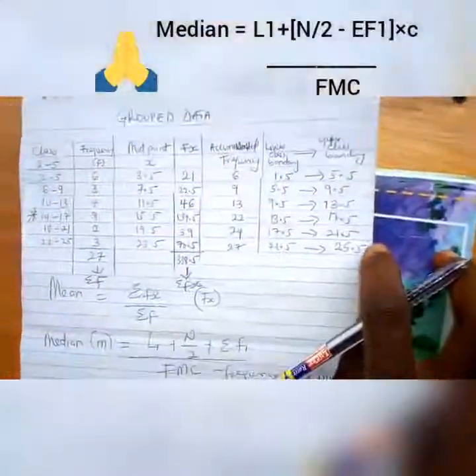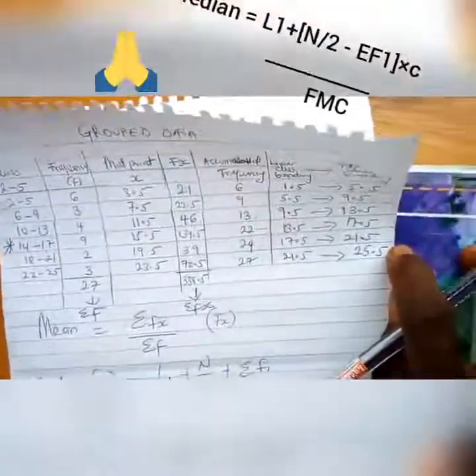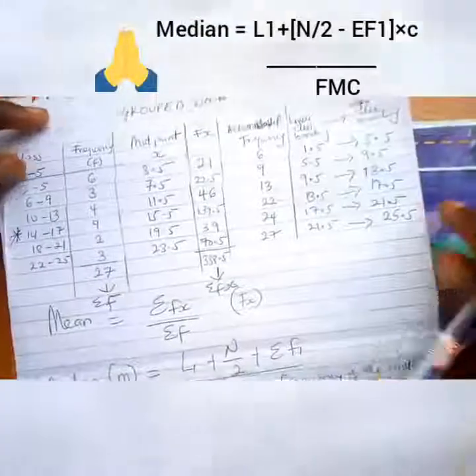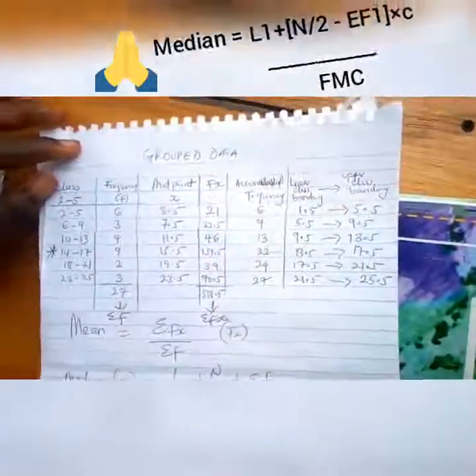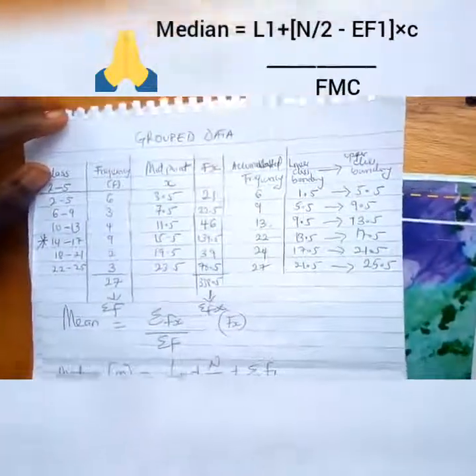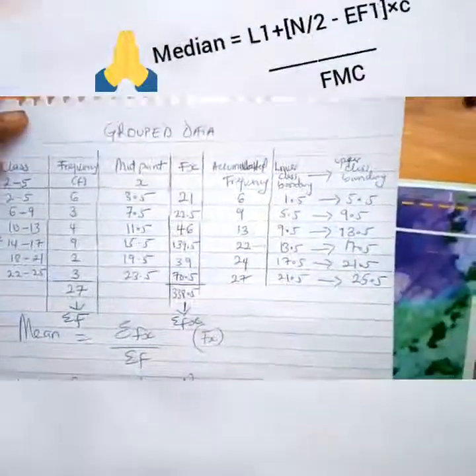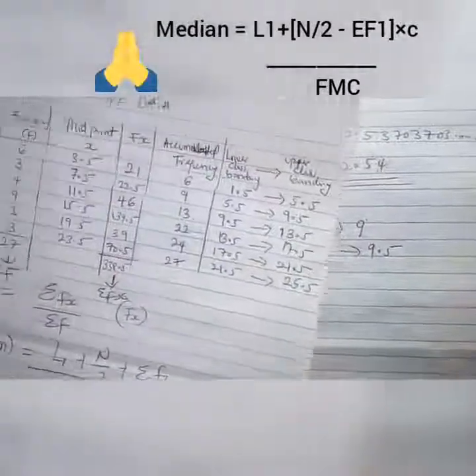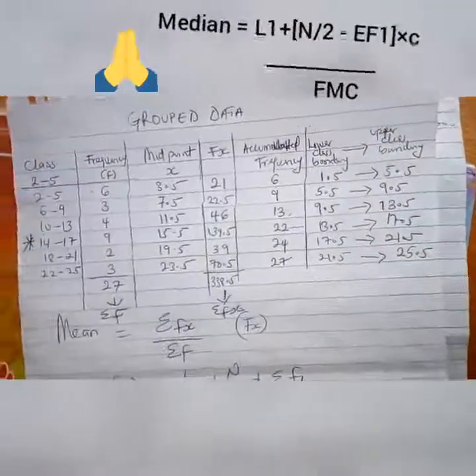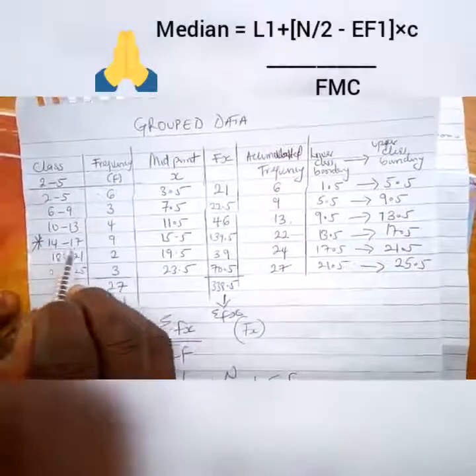So we are still doing the same thing. You can keep using the first method we used, then you can make use of this method as well. Since we've gotten the class boundaries, now when we are treating median, we'll be making use of everything that falls in this boundary.